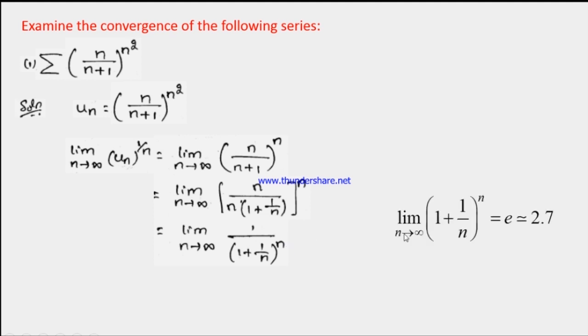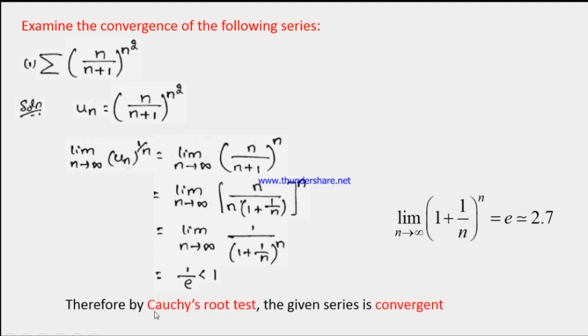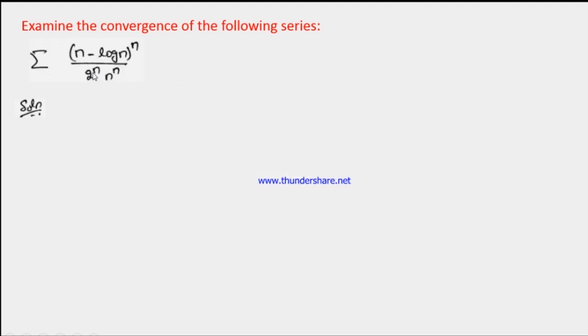And we know as n tends to infinity, the value of this one is e, approximately equal to 2.7. So the value of this is 1 by e, and that is definitely less than 1. So by Cauchy's root test, we claim the series is convergent. Now have a look at the second problem.